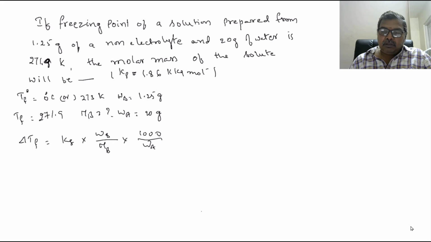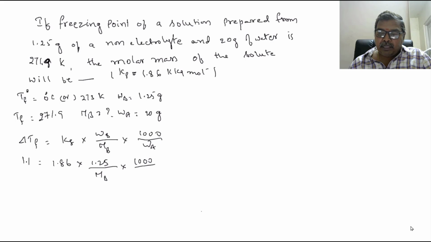So 273 is Tf naught, Tf is 271.9, so the depression in freezing point is 1.1. So 1.1 equals 1.86, weight of the solute 1.25, molecular weight of the solute we have to find out, 1000 by 20.